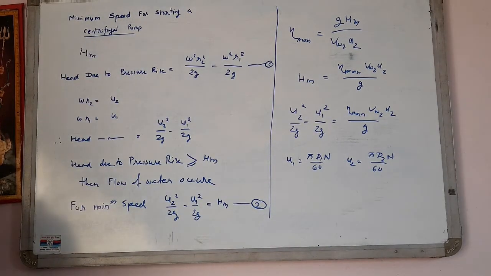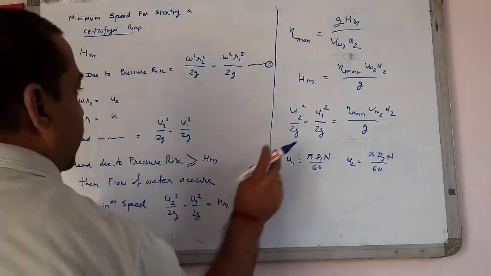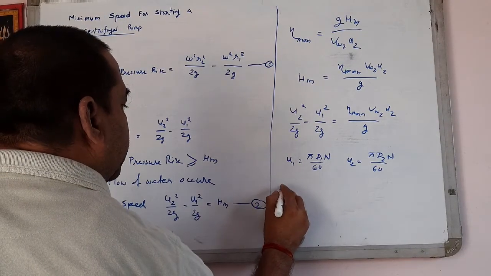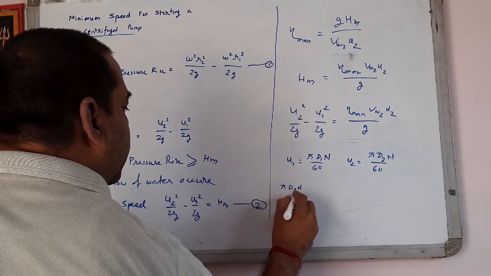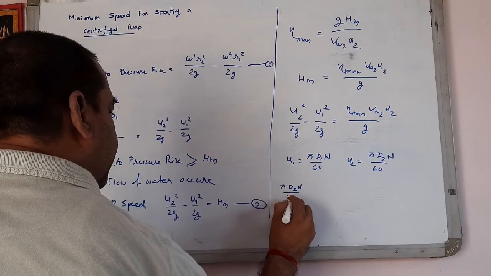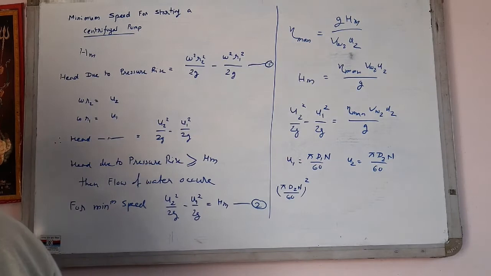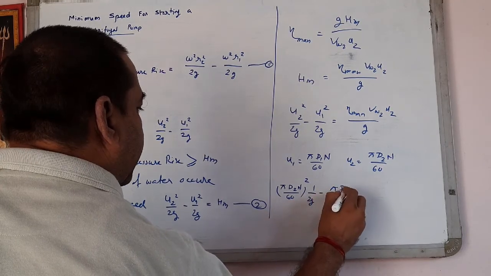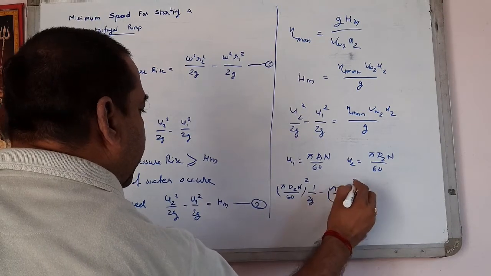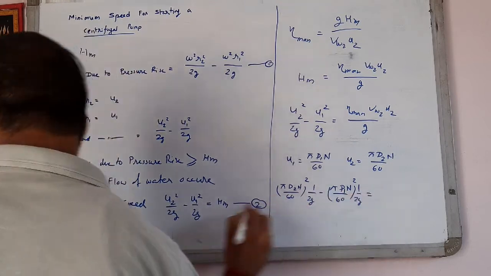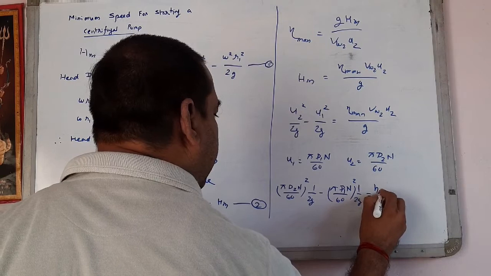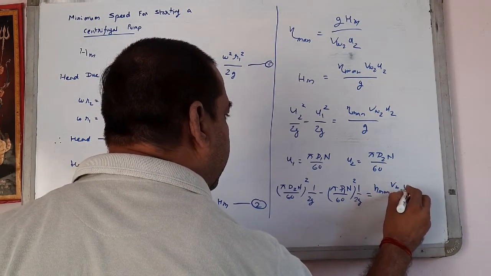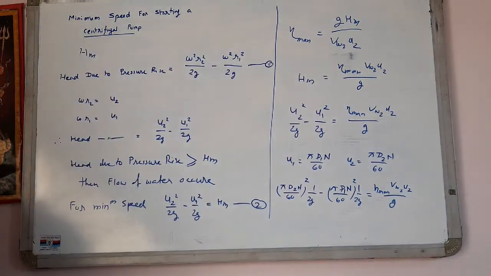Substituting these values, we get pi D2 N by 60 whole square into 1 by 2G minus pi D1 N by 60 whole square into 1 by 2G equal to eta manometric VW2 U2 by G. Here all these are divided by pi N by G60.